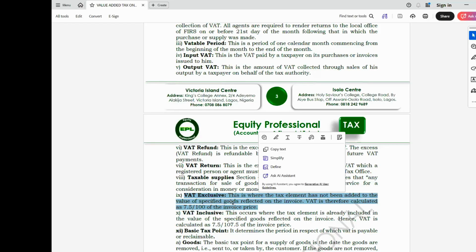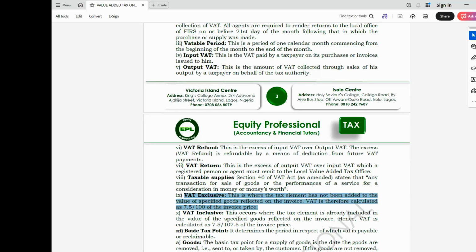Take note of that. When they say VAT exclusive, that means the value of the value added tax is not included in the invoice price. So the invoice amount is stated at 100%.